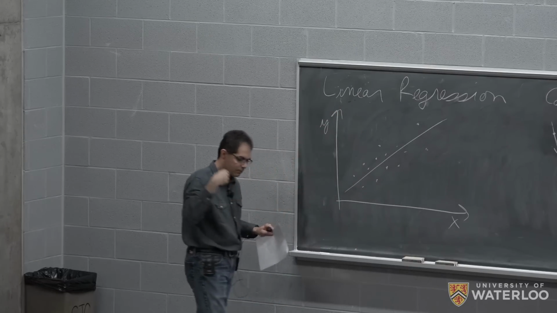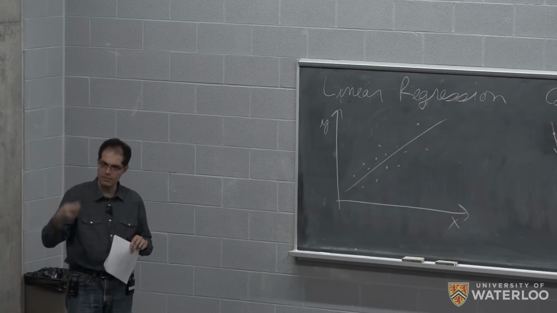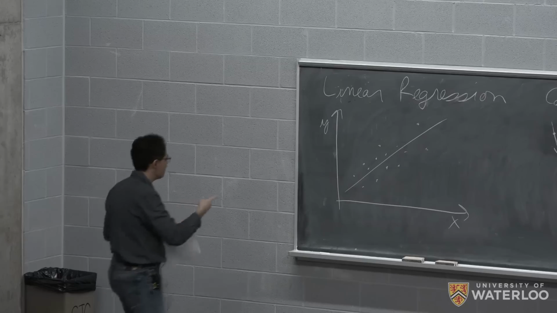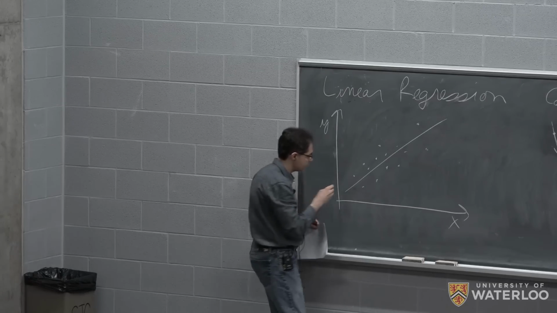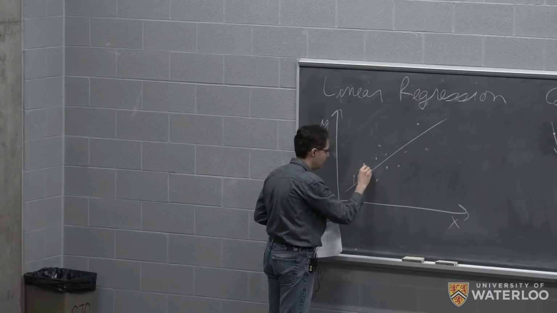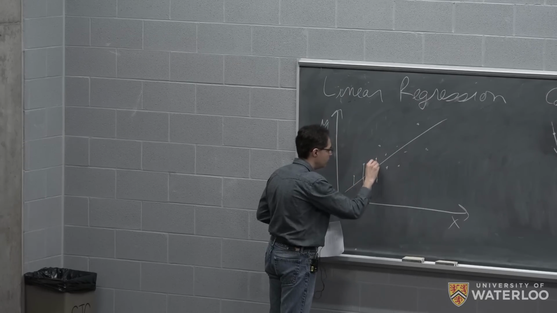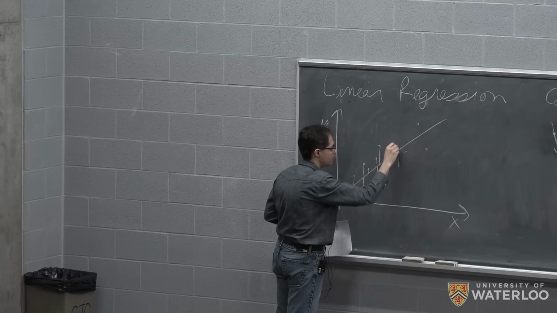And here, I'm trying to minimize the Euclidean distance with respect to the output, so that's with respect to y. So I'm trying to minimize the vertical distance between every point and my line. You can measure the distance by looking at those vertical distances.